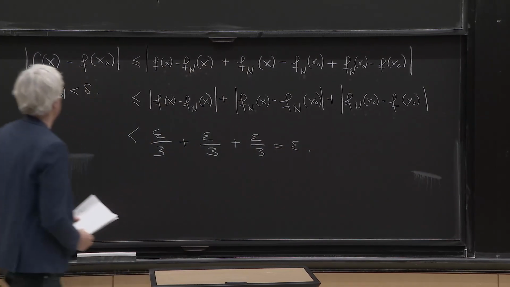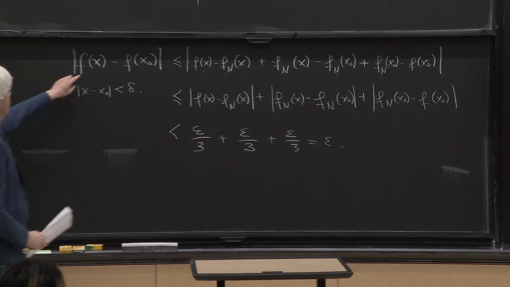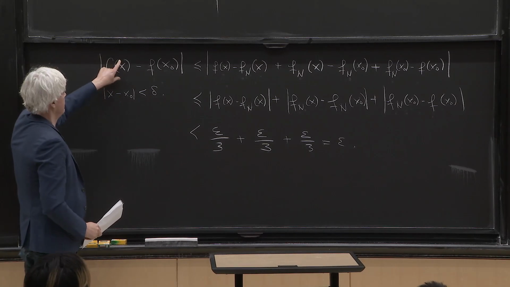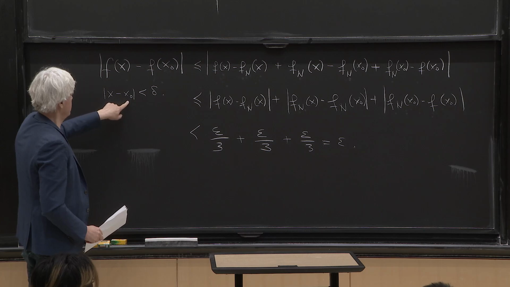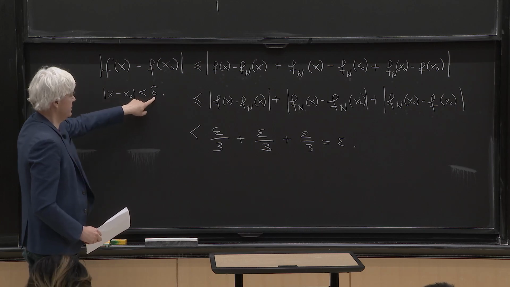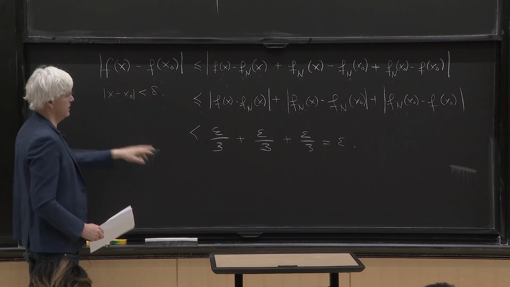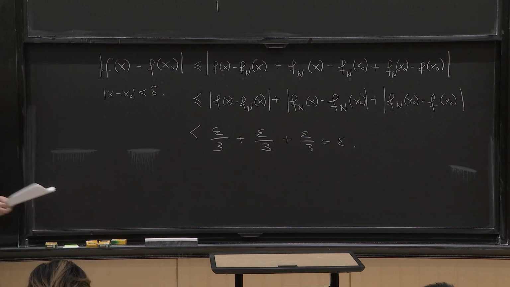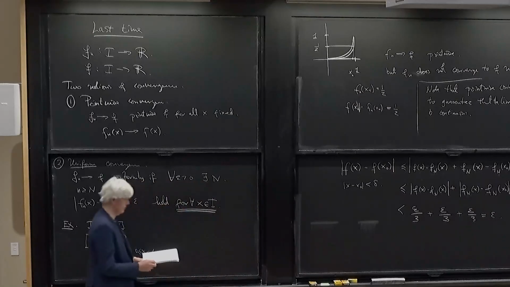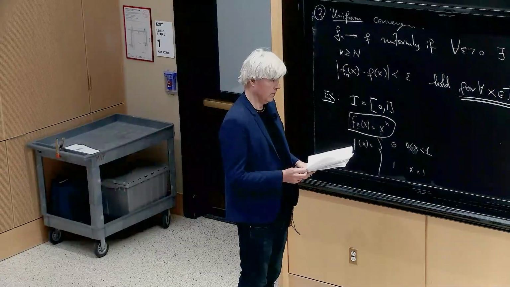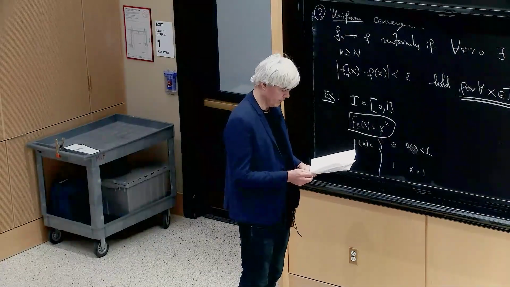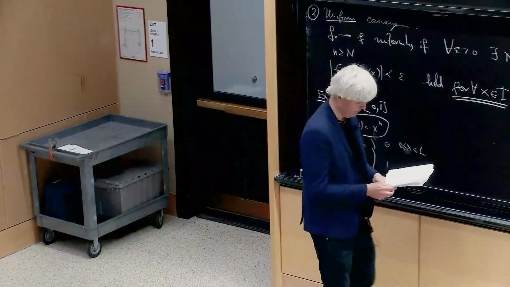And so what we've proven here is that for this given x0, if the difference between x and x0 is less than delta, then the difference in the images is less than epsilon. So this means that the function f is continuous at x0, and x0 was arbitrary. Okay.